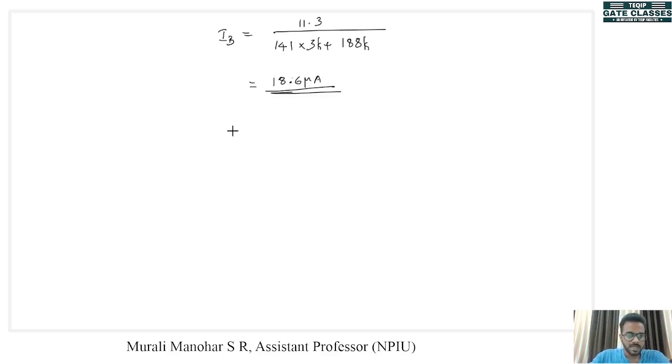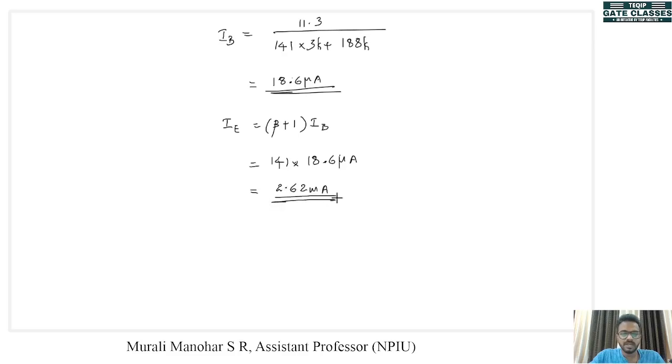If we have IB, we can find out IE. IE is equal to (beta plus 1) into IB, and beta is 140, so this is equal to 141 into IB, and IB is 18.6 microampere, so 141 into 18.6 microamps will give us 2.62 milliampere.